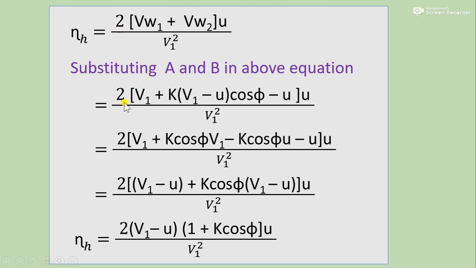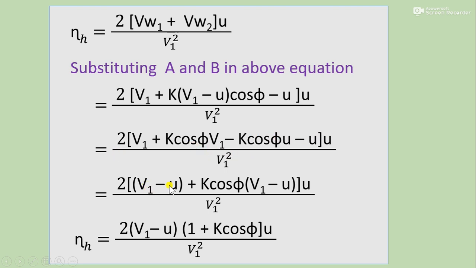We get 2 into bracket V1 plus K times V1 minus u cos phi minus u bracket complete into u divided by V1 square. So multiplying this K cos phi, we get 2 into bracket V1 plus K cos phi V1 minus K cos phi u minus u bracket complete multiplied by u divided by V1 square.